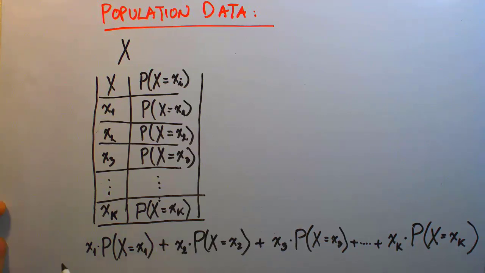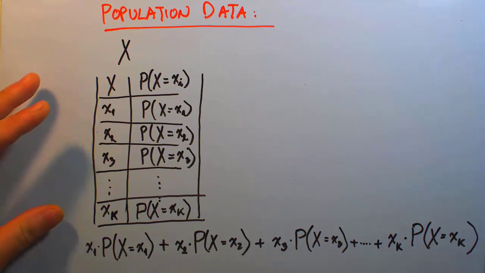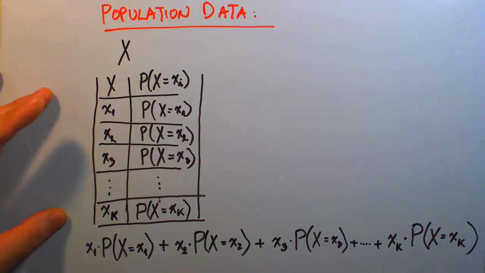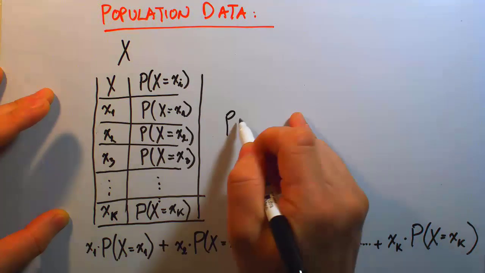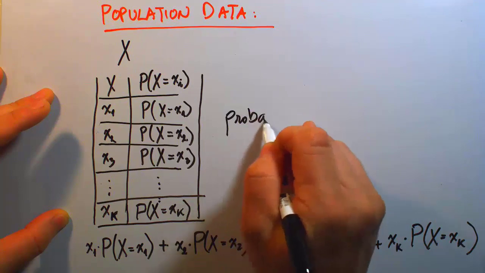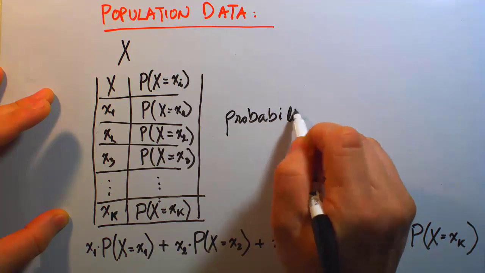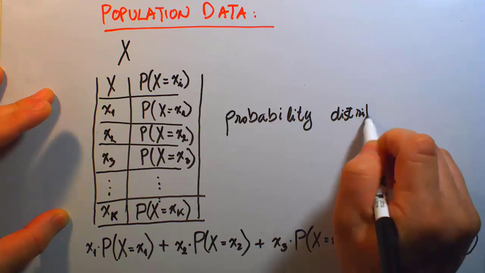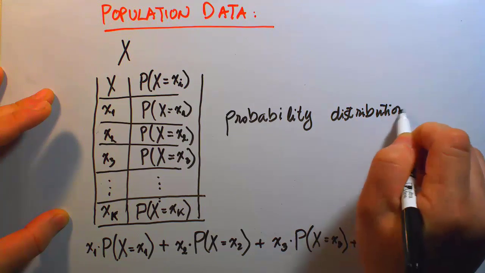Understand that this new formula is designed to handle the situation where we don't have the actual list of the data. We don't know the n count of the data. We only know the probability. This random variable only gives us a probability distribution, but we don't know the n count.